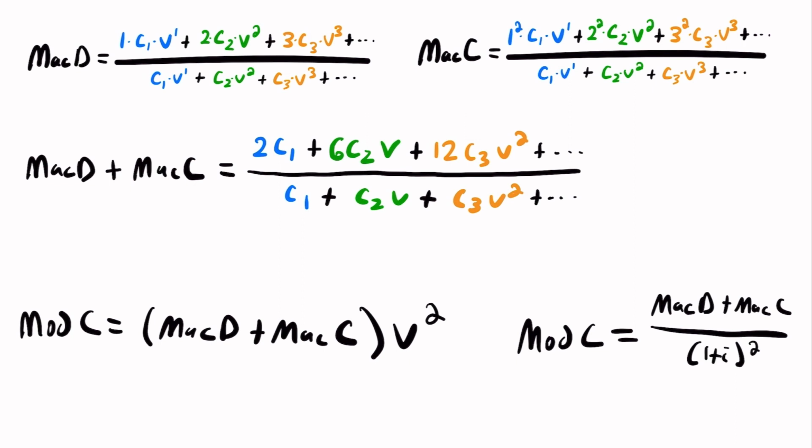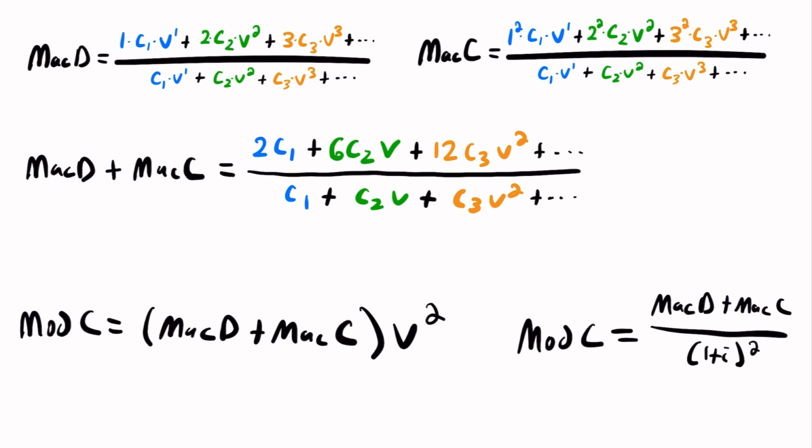But the bottom line here is that the modified convexity can also be calculated in this way. If you can find the Macaulay duration and the Macaulay convexity, and then add those two values together and multiply by v squared, you will have the modified convexity. It could be a nice little shortcut to quickly calculate the modified convexity without needing to write out the present value function and taking the first and second derivatives of that function.